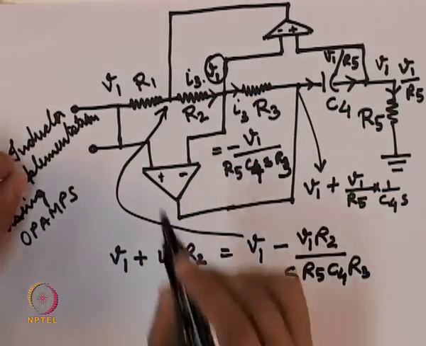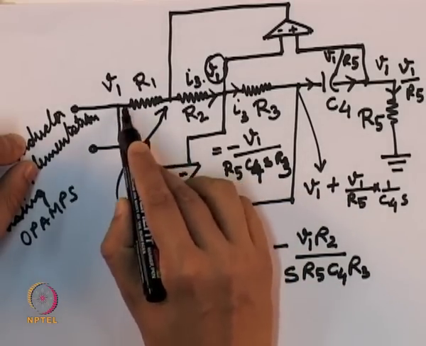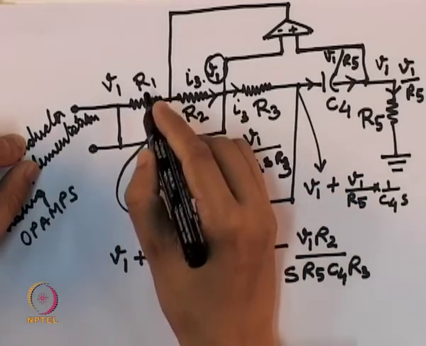Okay. And finally, what is the current flowing through this R1?